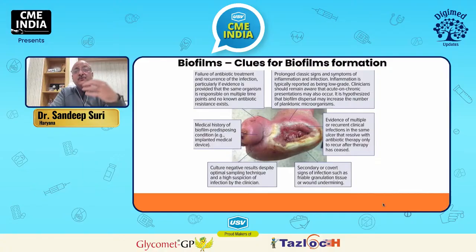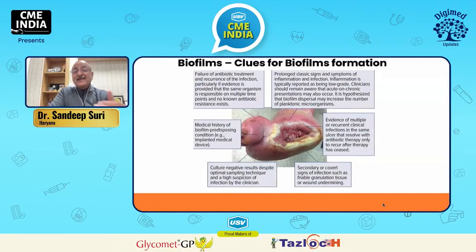So how can you think that there is a biofilm formation in the wound? Failure of antibiotic treatment or recurrence of infection, particularly if evidence is provided that the same organism is repeatedly growing.